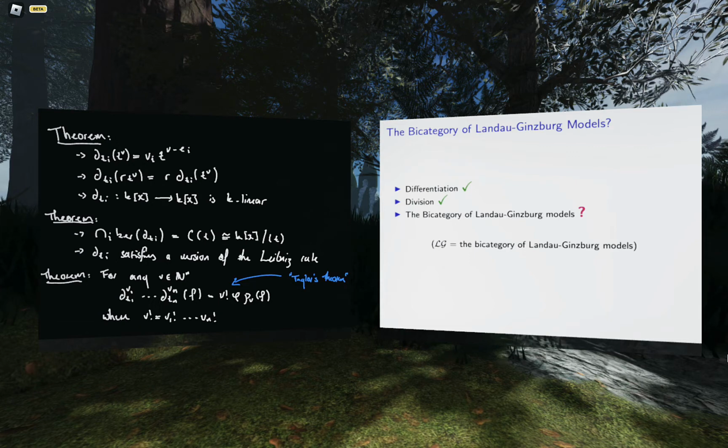Now, we got onto this whole generalization thing by discussing Taylor's theorem. And the following theorem is a version, I guess, of Taylor's theorem for these maps.